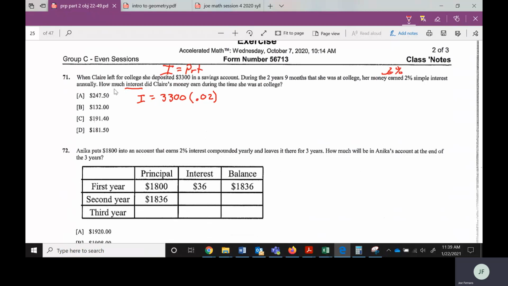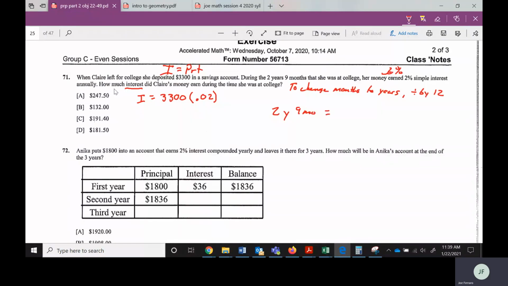Okay, so this would be good notes here. If we have to change months to years, divide by 12. So if you think about it, if you have 12 months, you divide it by 12, that equals 1. That's 1 year. So what we do here is, if we got to find the time, we have 2 years, 9 months.